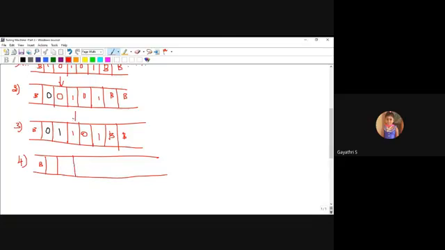Next the tape head points to the next 1. If you are reading 1, that 1 is replaced by 0. The remaining part is 0, 1. Next the tape head points to the next 0.